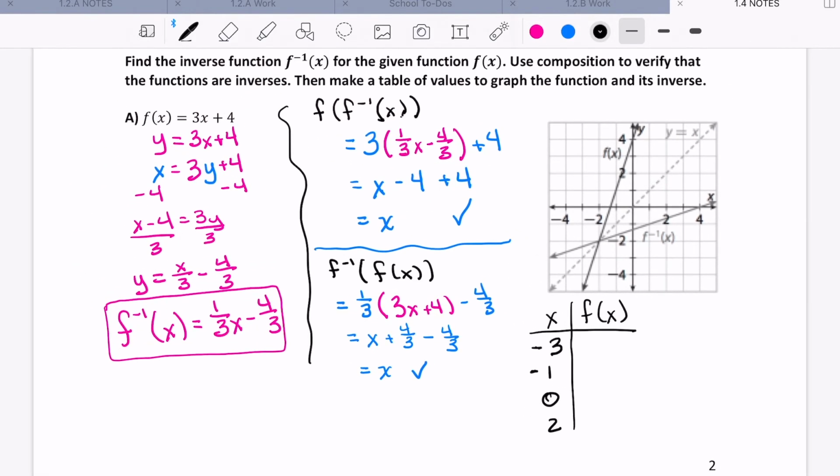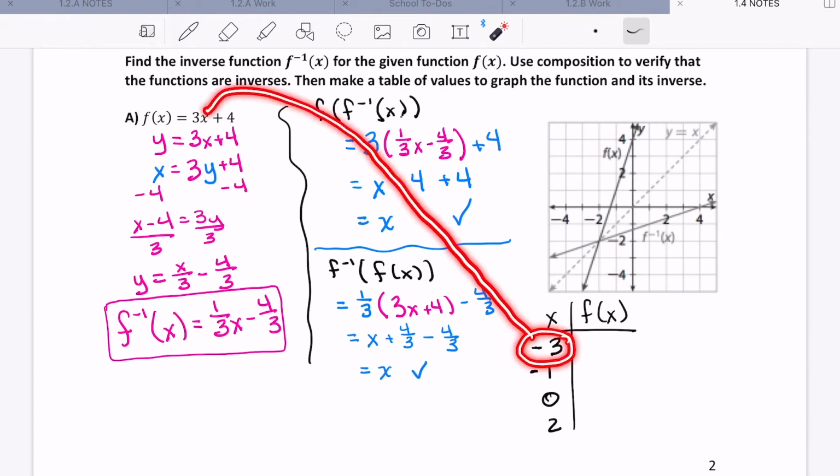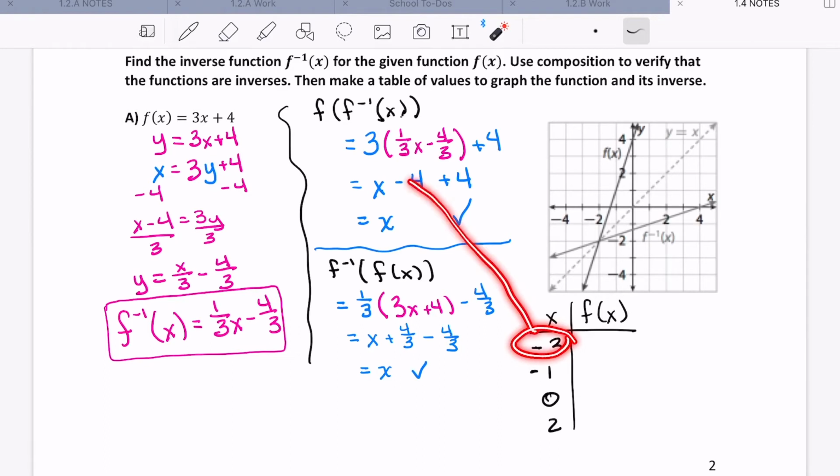Okay, these x values, we are going to take them and plug them into our original function. Okay, 3x plus 4. So when we substitute -3 in for x, 3 times -3 is -9, plus 4 is -5. So our f of x when x is -3 is -5.